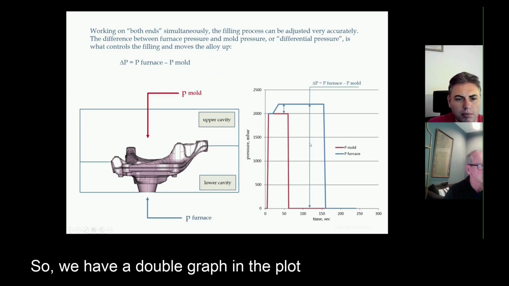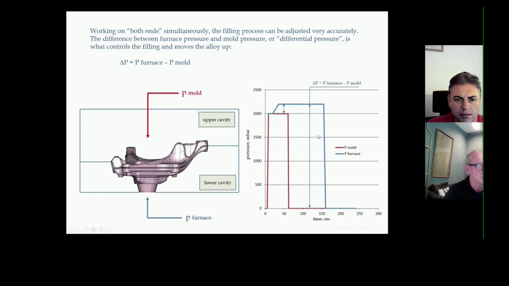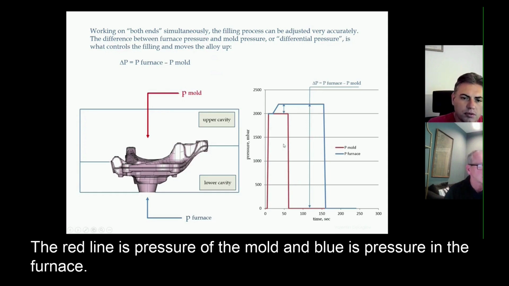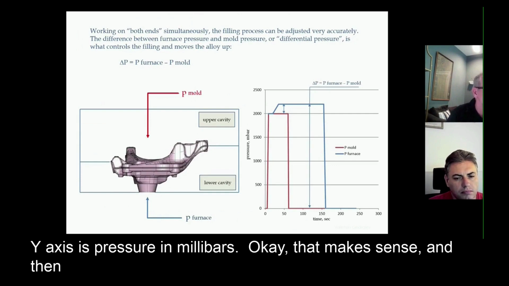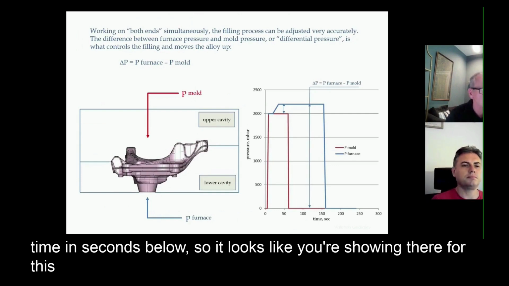So we have a double graph in the plot on the right side. The red line is pressure of the mold and blue is pressure in the furnace. Y-axis is pressure in millibars. Okay, that makes sense. And then time in seconds below.